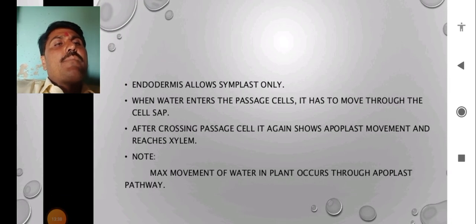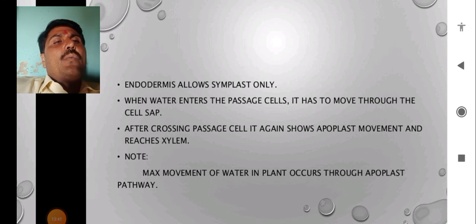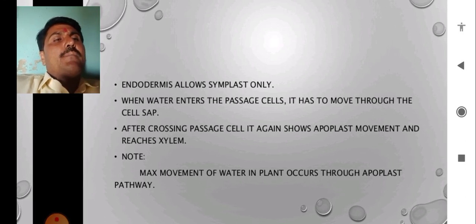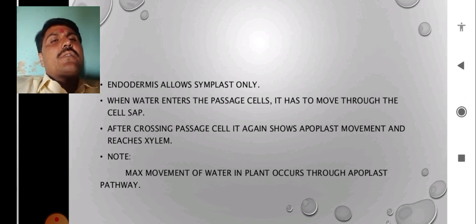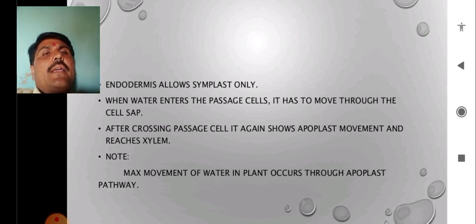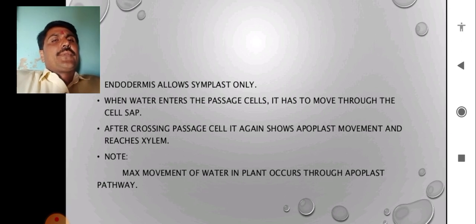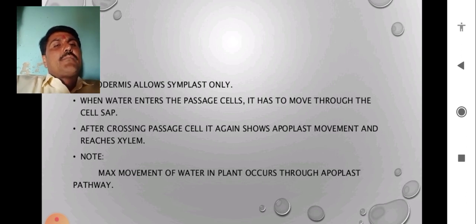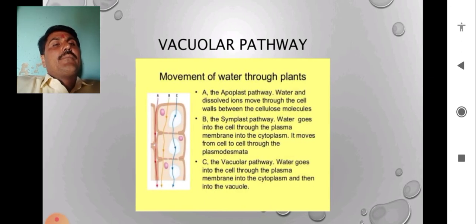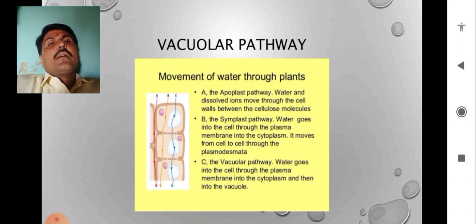The endodermis allows symplast only. When water enters the passage cells, it has to move through cell sap. After crossing the passage cell, it again shows apoplast movement and reaches the xylem. We note that maximum movement of water in a plant occurs through the apoplast pathway because it is quick comparatively to the symplast pathway.